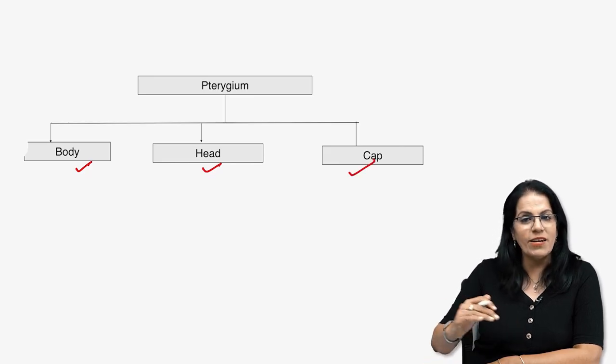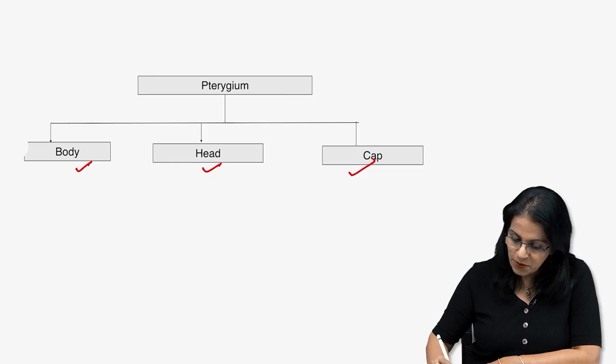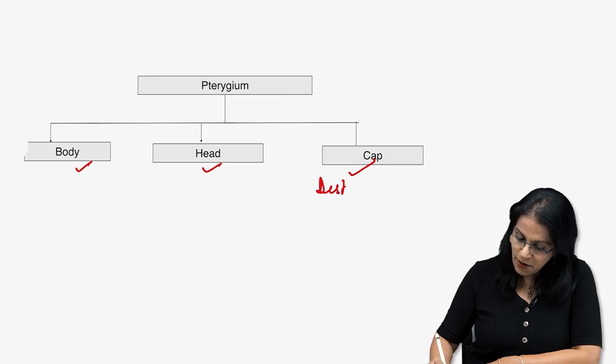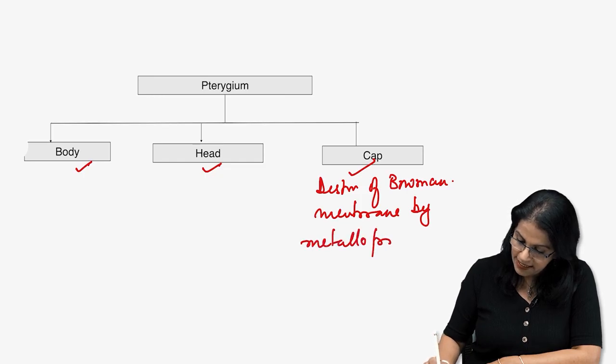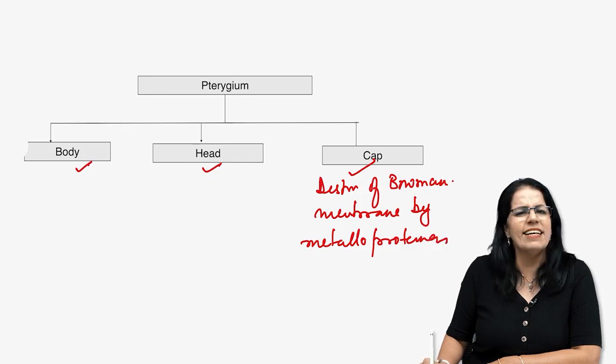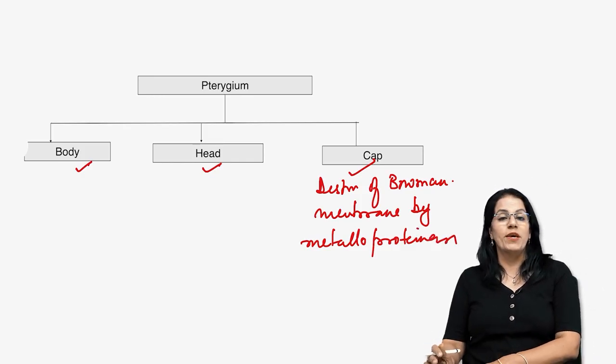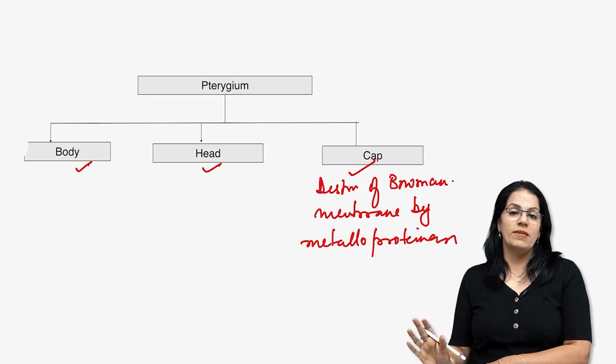The halo or the cap is mainly due to destruction of Bowman's membrane. Remember this, it is destruction of the Bowman's membrane by metalloproteinase. This may not be asked, it's a little extra point. If you don't want to remember, it's okay. But Stocker's line, you cannot forget, please.